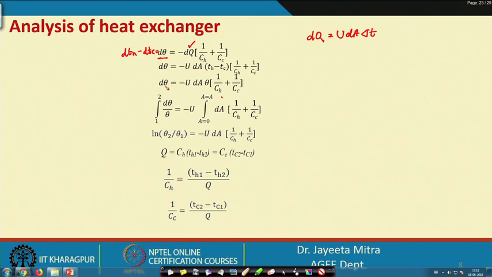So, theta will vary from theta 1 to theta 2. Theta 1 is the difference of those two streams in the inlet condition, and theta 2 is the difference of those two streams in the exit condition.